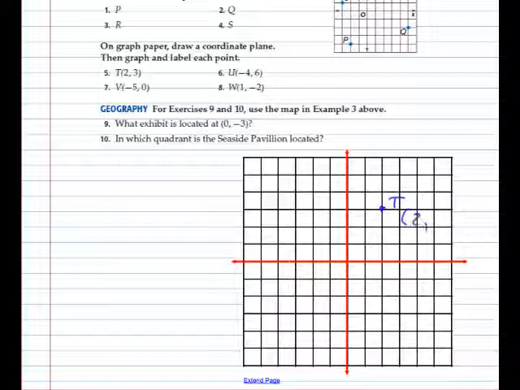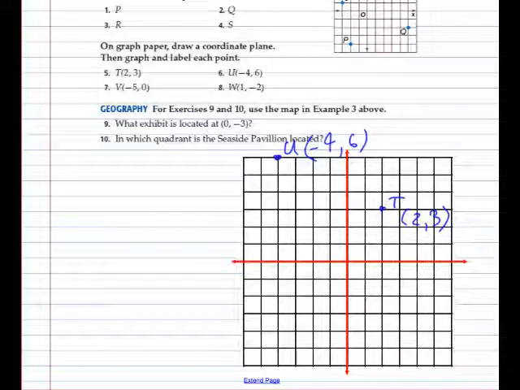Point U would be -4, 6. 1, 2, 3, 4. 1, 2, 3, 4, 5, 6. So from the origin, left 4, up 6. Point U would be -4, 6.